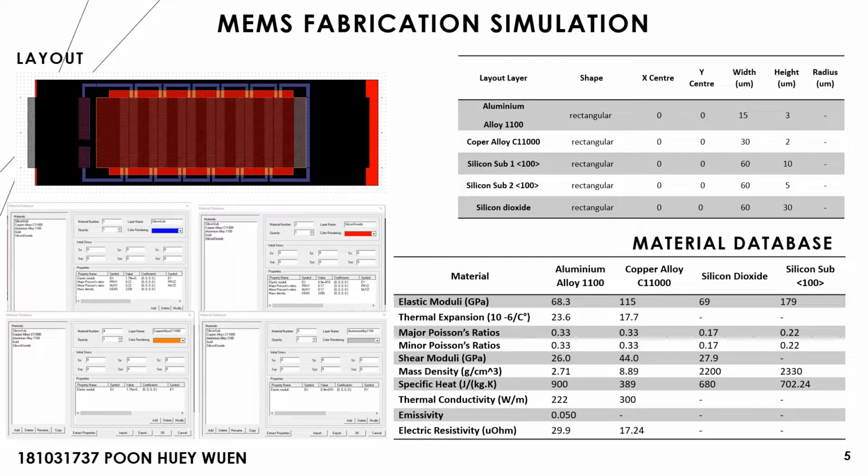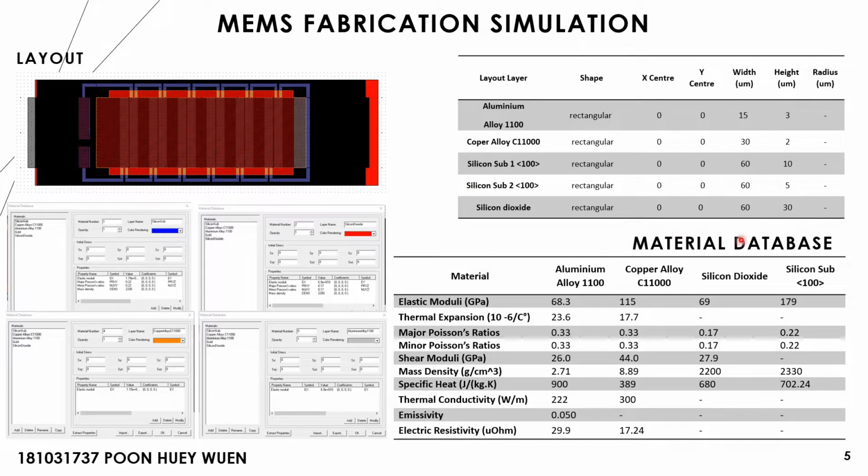You can see that the left hand side is our overall layout view, and for the layout we actually have 16 layers, but the main materials that we use are aluminum alloy, copper alloy, silicon substrate, and silicon dioxide.